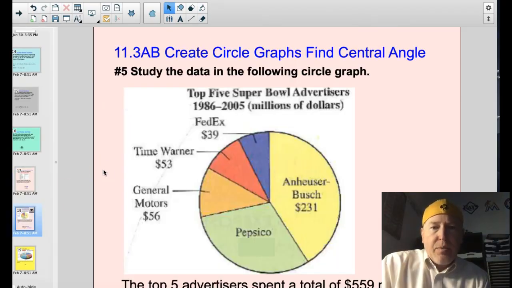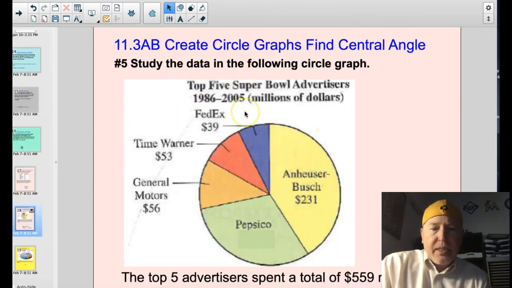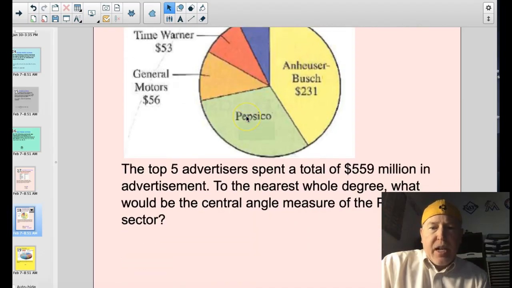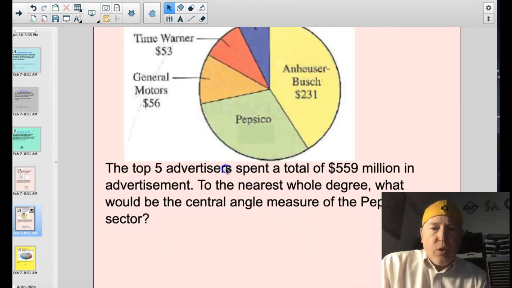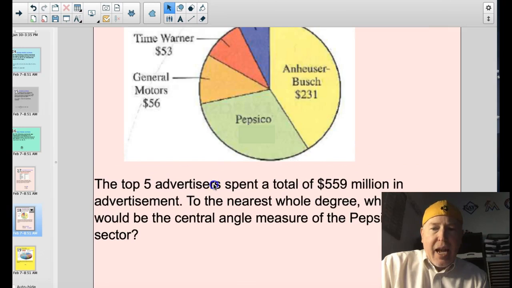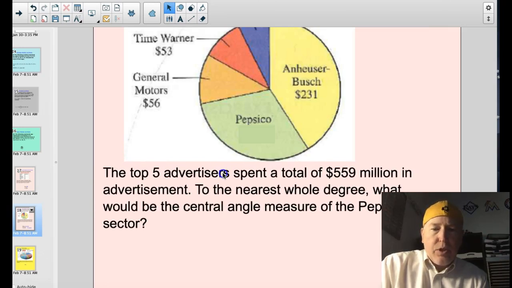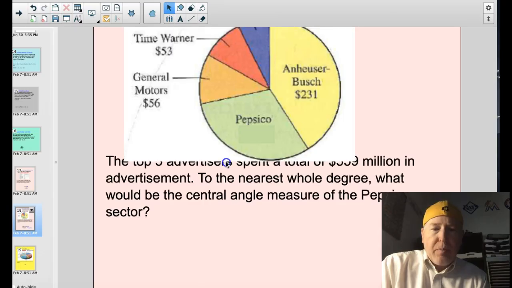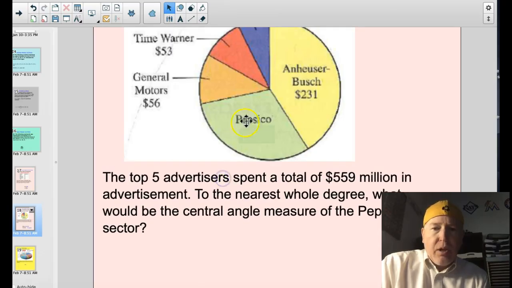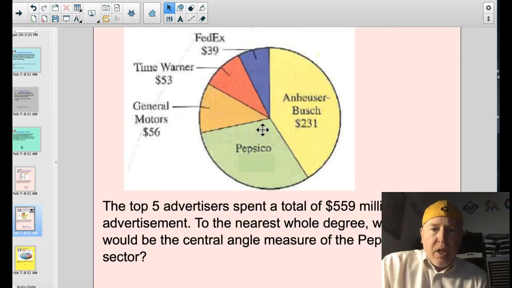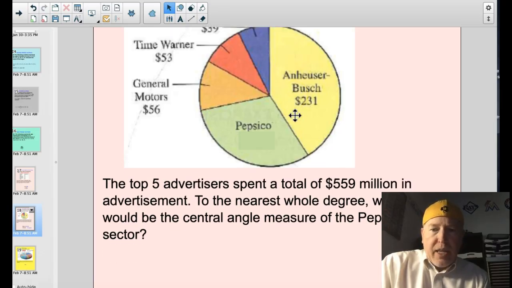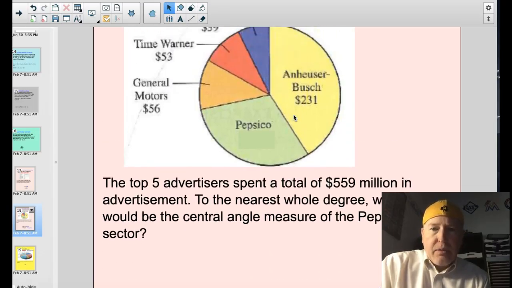All right, continuing with the circle graphs, study this data. The top 5 advertisers spent a total of $559 million in advertisements. To the nearest whole degree, what will be the central angle measure of the PepsiCo sector? All right, the PepsiCo sector here. I would add all of these up, and then subtract that number from 559 million.